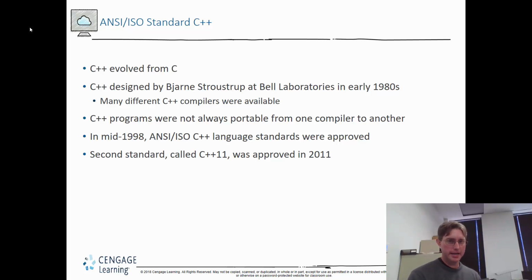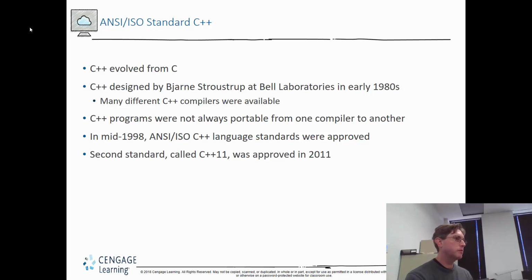And in the late 90s, they standardized some things and came out with the ANSI ISO standard of C++. I remember that. And then they've also come out with new standards over the years. So anyway, that's kind of where C++ came from. There's other languages.